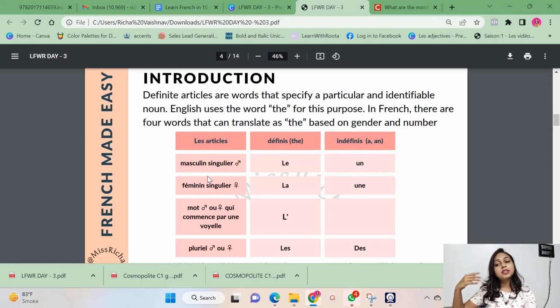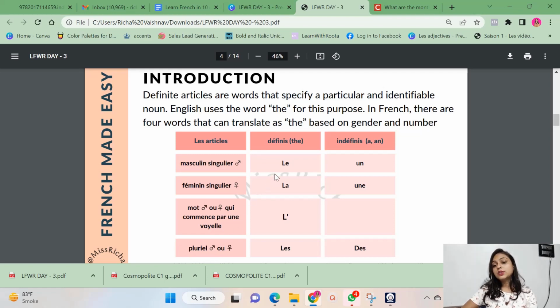Or sometimes, like in this case, we have masculine singular, feminine singular, and nouns which start with a vowel, mot qui commence par une voyelle, a noun that starts with a vowel, and then there are plurals.